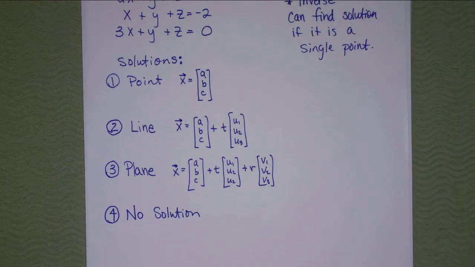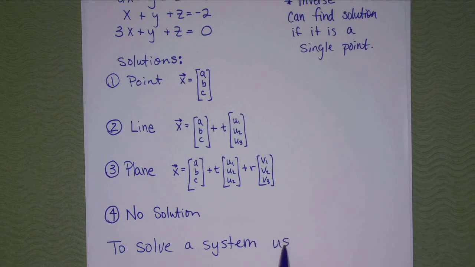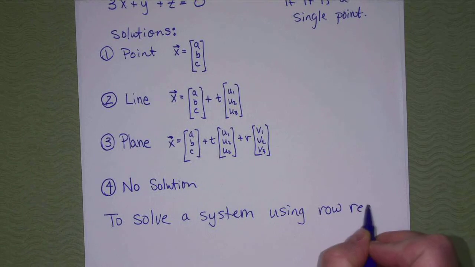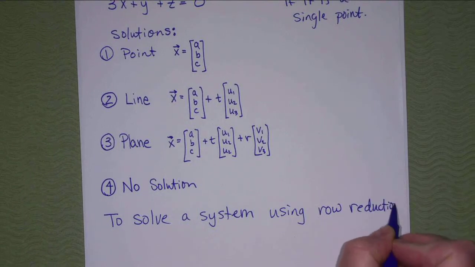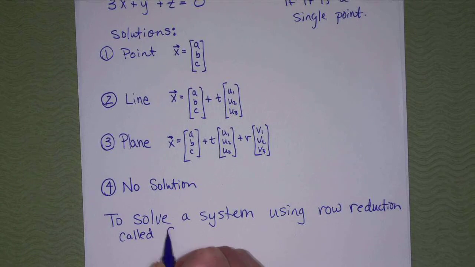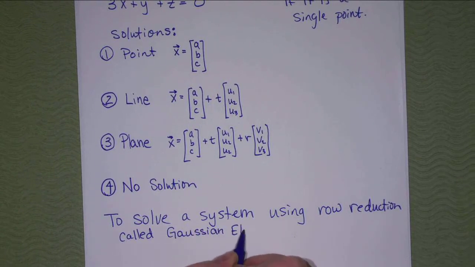So let's say to solve a system using row reduction, called Gaussian elimination or Gauss-Jordan elimination.